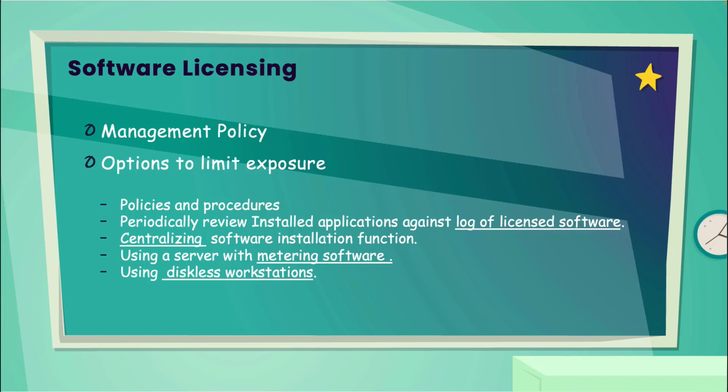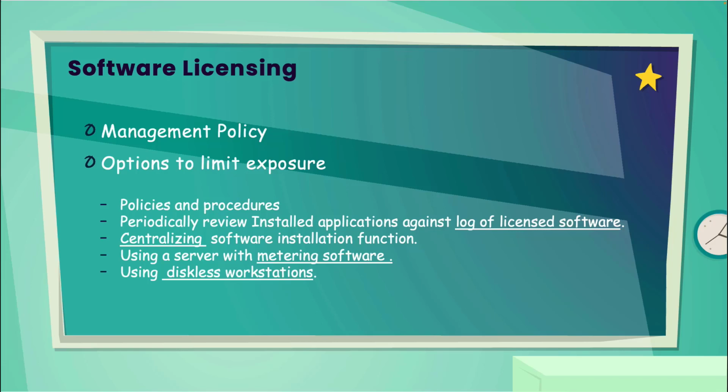You can as well run all applications through a server with a metering software. So whenever you want to install any kind of software, you run it through a centralized server with a metering on the number of licenses that are being used and the number of licenses that are being returned throughout a company.